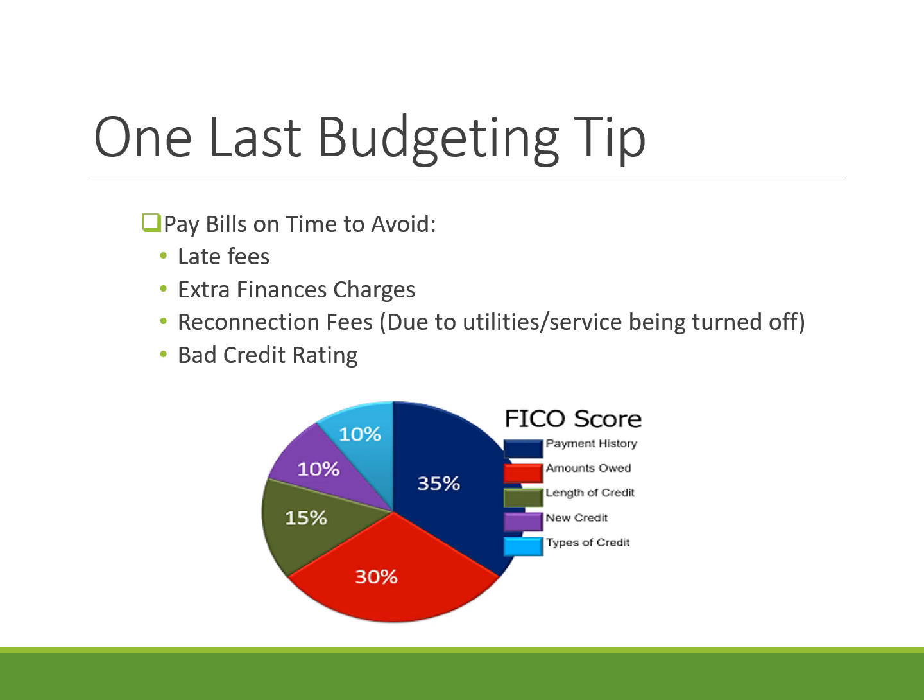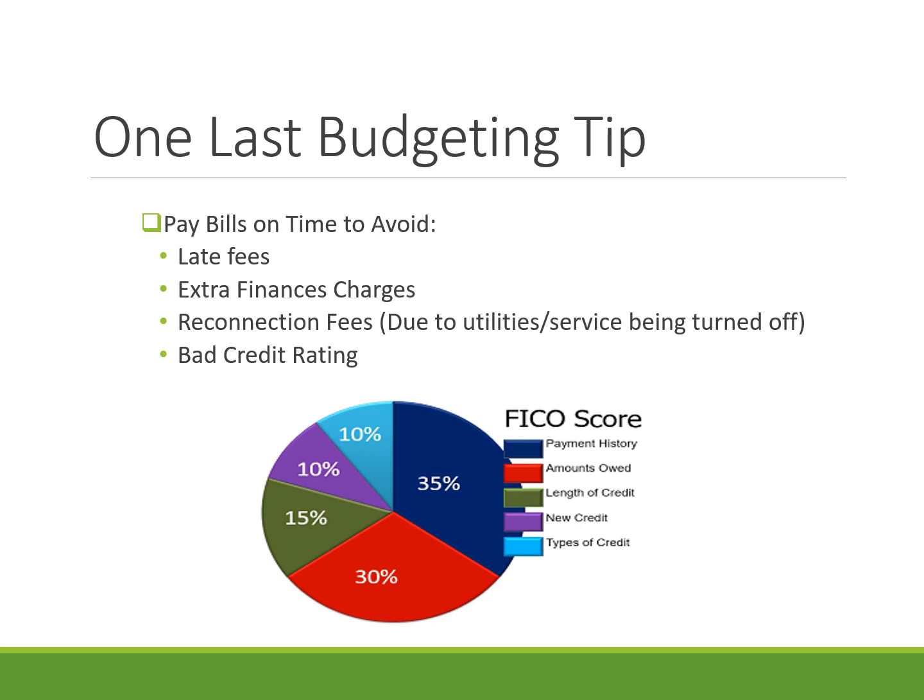So if you have bad payment history on your utilities and different things like that, it's going to affect your credit score, which then makes it harder for you to get a low interest rate for credit. So once again, I talk about that a lot more in my credit workshop. But just remember, pay bills on time.